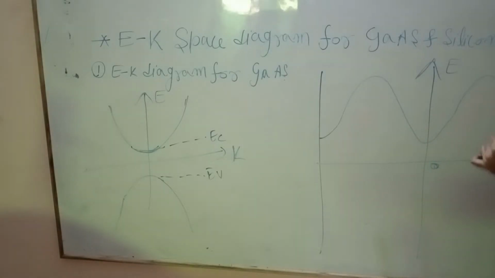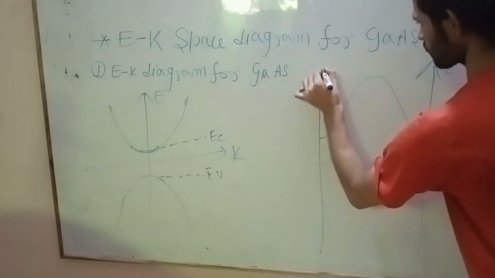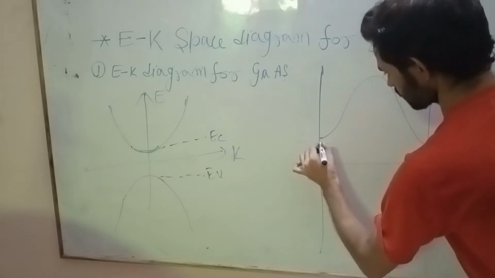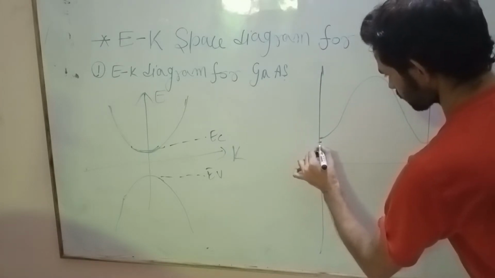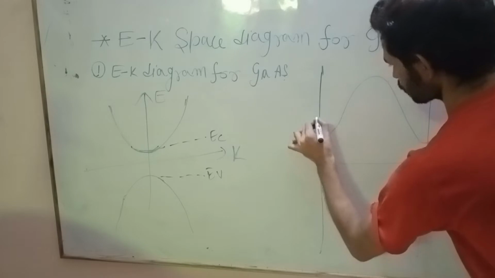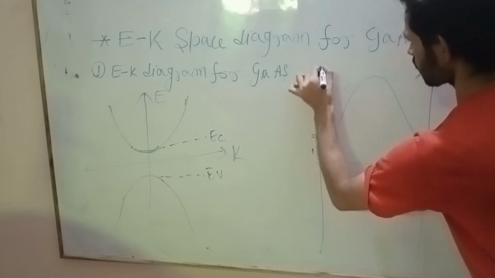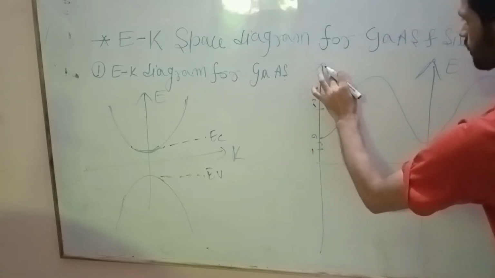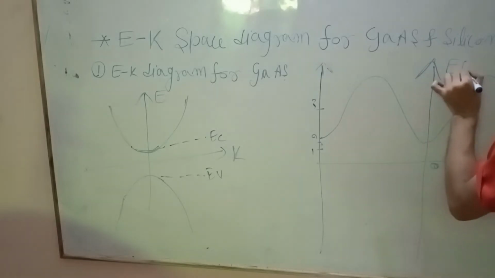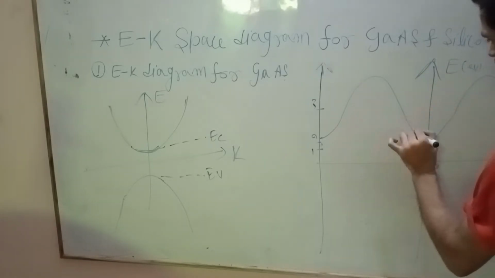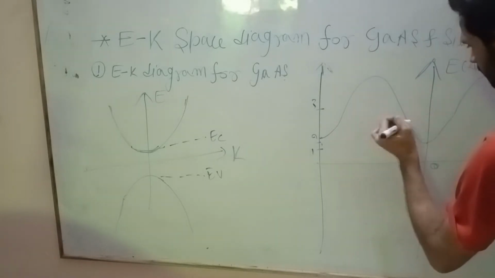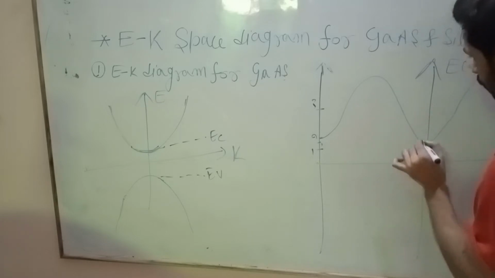Let us say this is 1, 2, 3, and this is energy in electron volt, and this is 0.